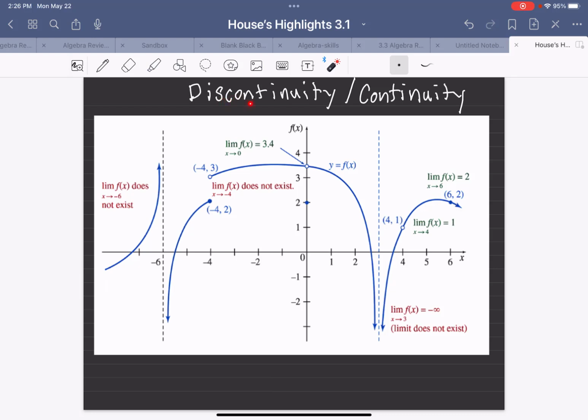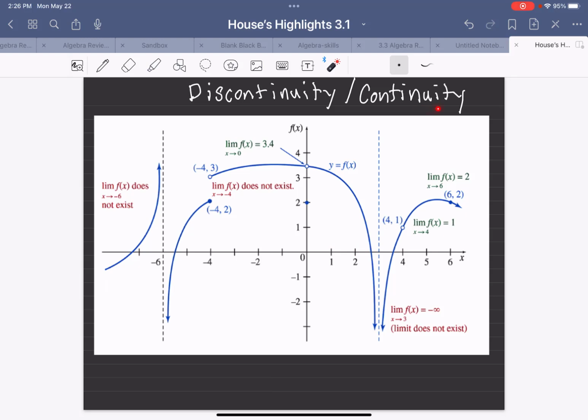So discontinuity occurs wherever you have to pick up your pencil when you're drawing the graph, or where there is either an asymptote or a hole in the graph, or if the graph is not there at all, we can say it's discontinuous at a certain point. So if there was a complete gap where it didn't even exist, say it skipped over from 0 to 2, it would be discontinuous from 0 to 2.